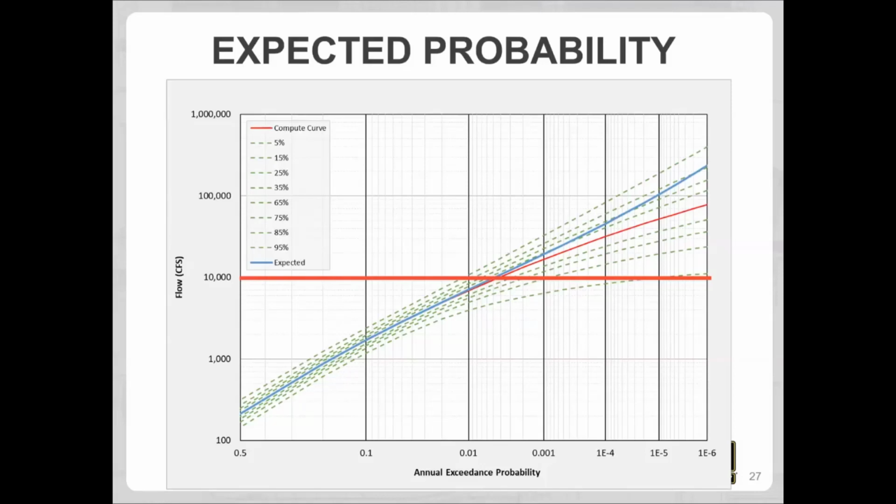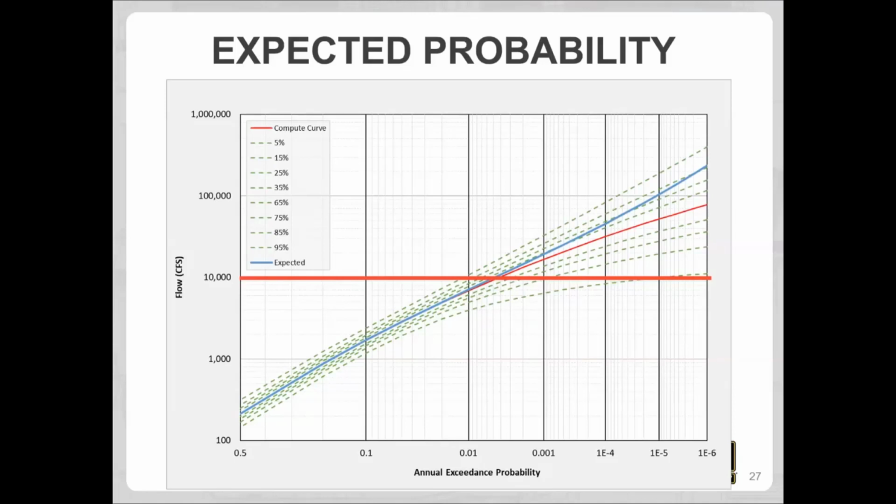The advantage of doing it this way is your expected curve will be consistent with the confidence intervals that are computed by EMA, and it will also include uncertainty in the skew parameter. For folks familiar with Bulletin 17B, you remember one of the limitations in both the confidence intervals and the expected probability adjustment is that neither one accounted for the uncertainty in skew.